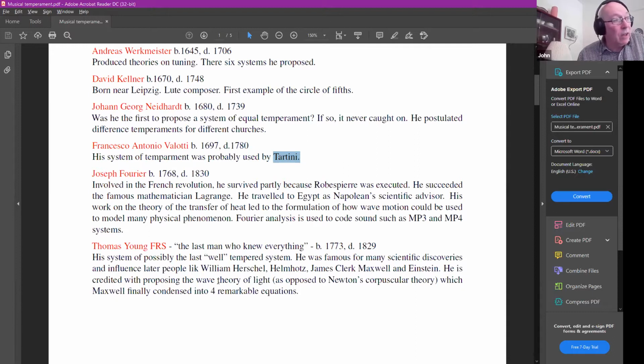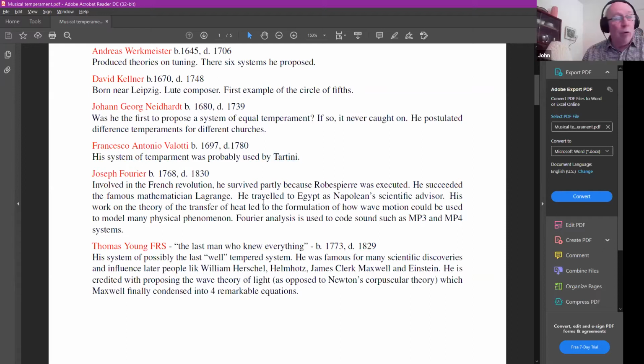His theories and his work inspired people like Herschel, Helmholtz, James Clerk Maxwell and Einstein to proceed further with their mathematical theories. But he was the last person who, as far as I know, produced a well-tempered system of tuning.